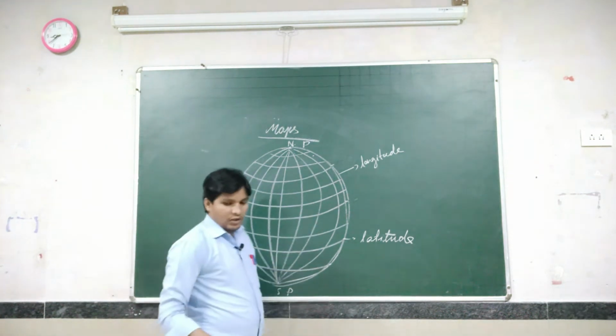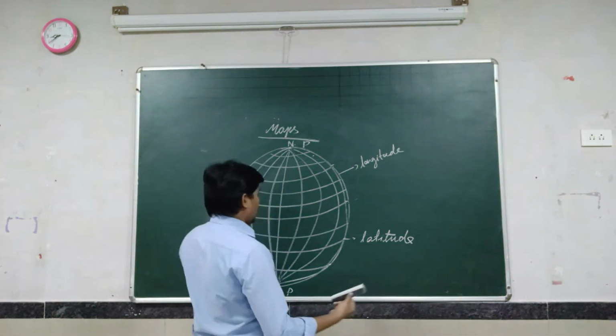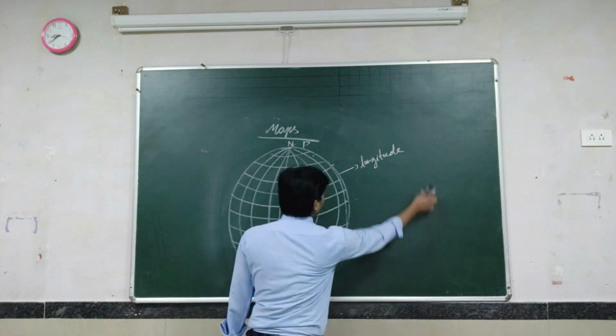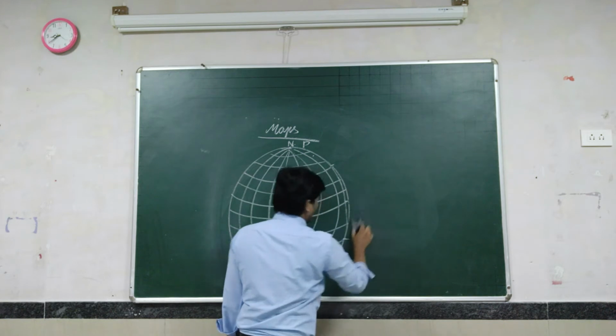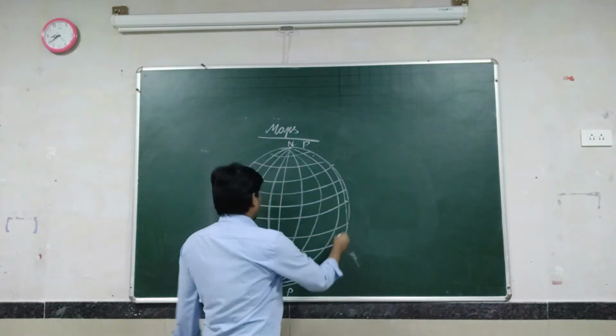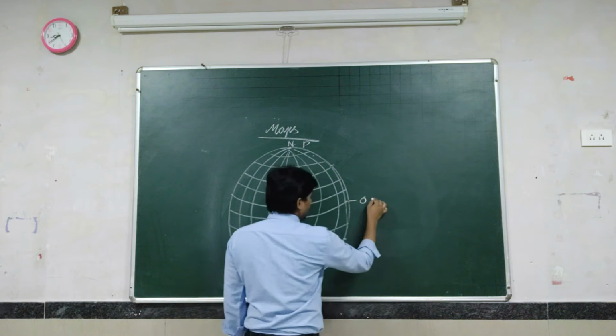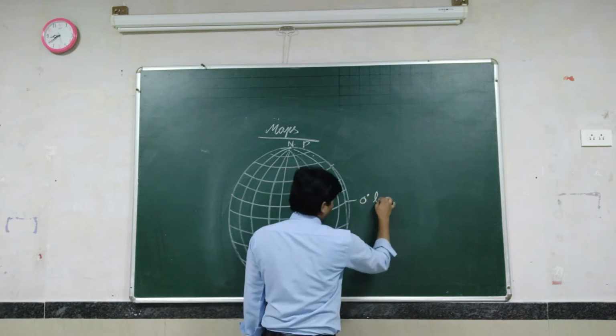Then we have other things. So first we will discuss latitude. This is called 0 degree latitude.